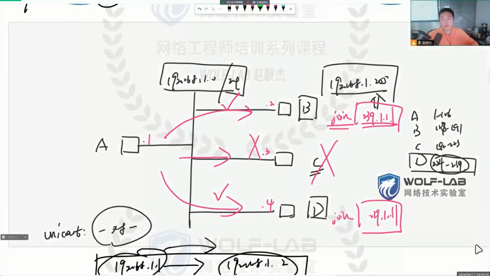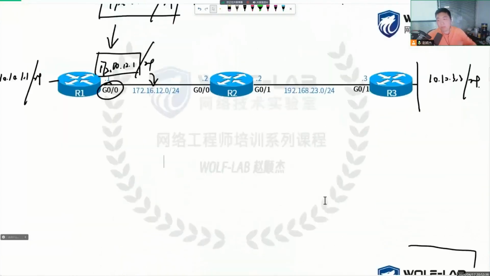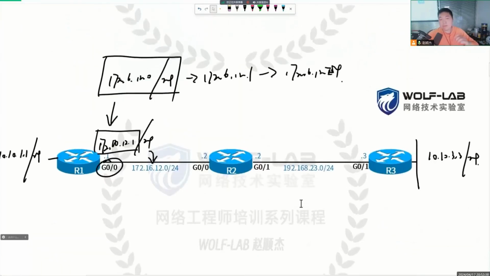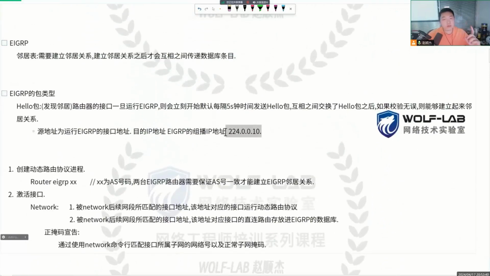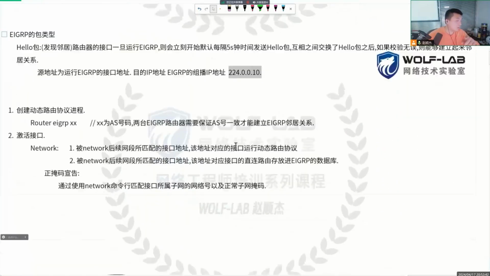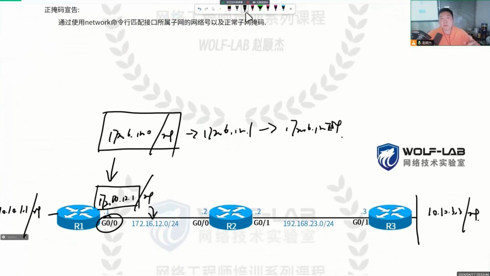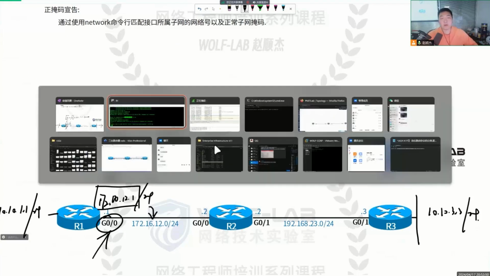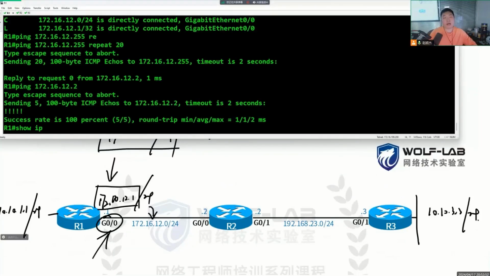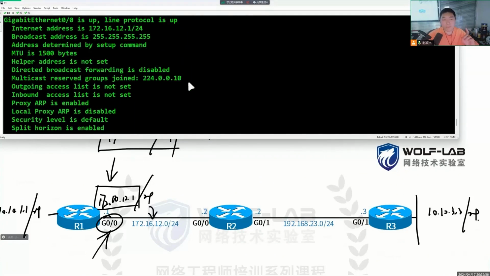Our interface has joined the multicast group address 224.0.0.10. So students, once our interface runs EIGRP, we will send hello packets to 224.0.0.10, which is the multicast address of EIGRP. So for this interface on the opposite side, only such an interface.